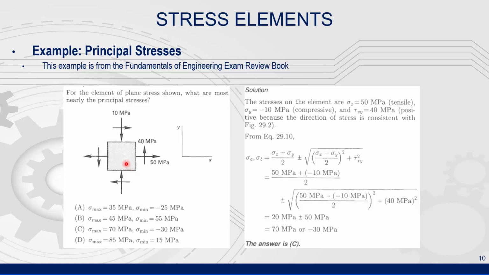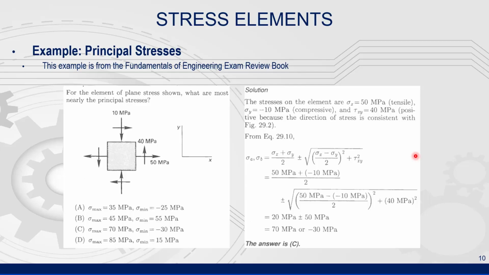One is a 50 megapascal tensile stress in the x-axis, and another is a 10 megapascal compressive stress in the y-axis. There is also a 40 megapascal planar stress in the XY plane. From these, we are to use the formula given to find the principal stresses.